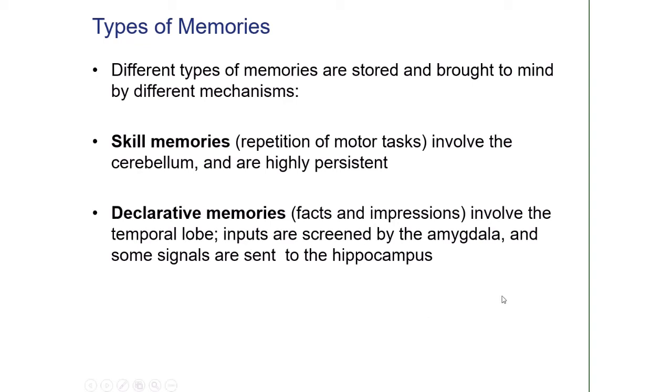So that's why it's kind of hard to memorize the stuff that you're learning in the course, because it's very unlikely that you feel pleasant about all this information that you have to memorize. So it takes an effort to override the amygdala and force this information into the hippocampus.